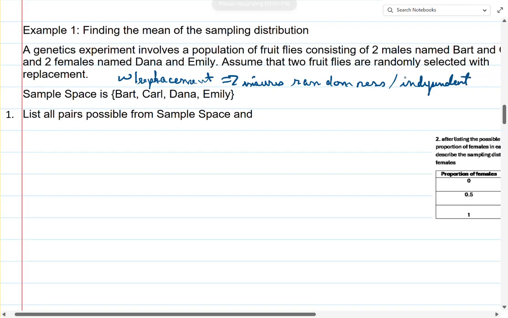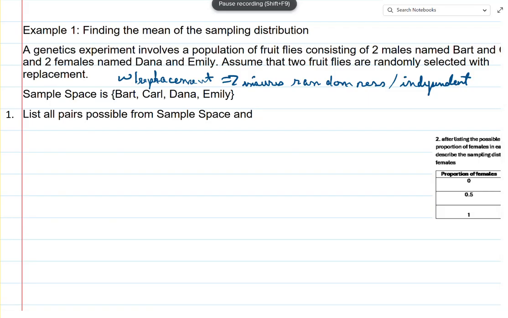Very critical in doing a study that we have always an independent action, that one action that we take does not affect the next action, the independence of that. So our sample space is Bart, Carl, Dana, and Emily.